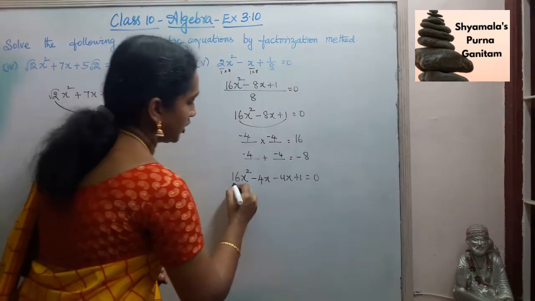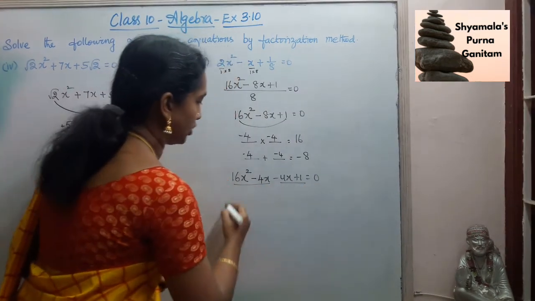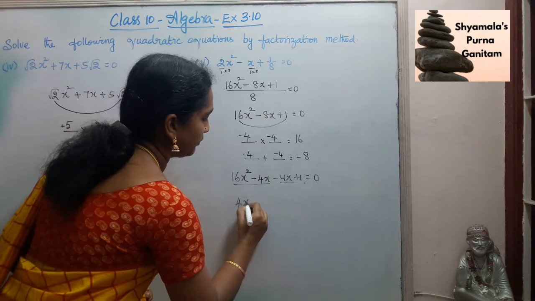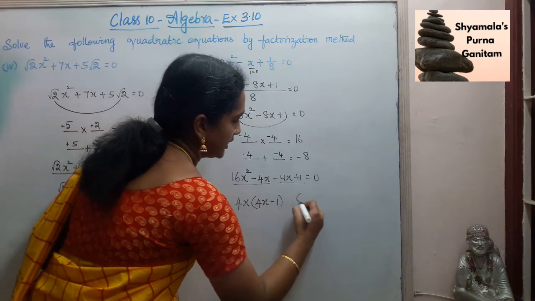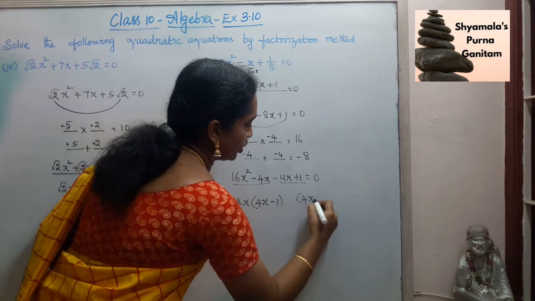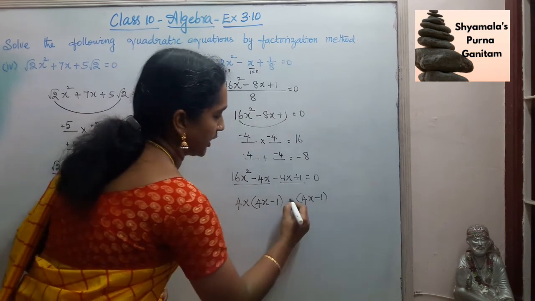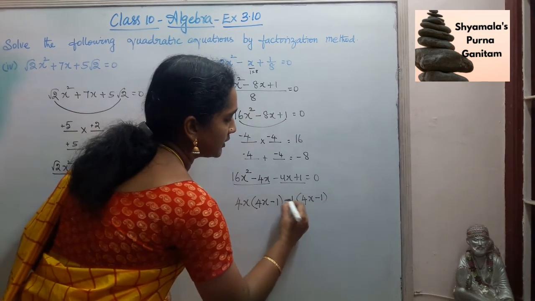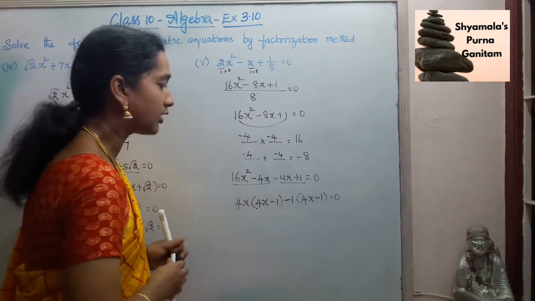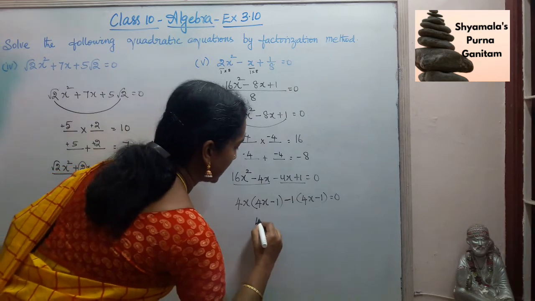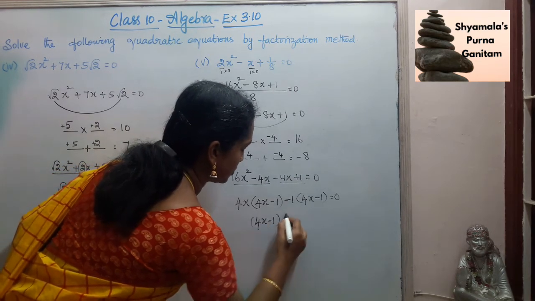Now we take the first two terms and the next two terms. In the first two terms, 4x is common, so the balance will be 4x minus 1. In the next two terms, if we want 4x minus 1, we take minus 1 outside, is equal to 0. So the factors are 4x minus 1 and 4x minus 1.